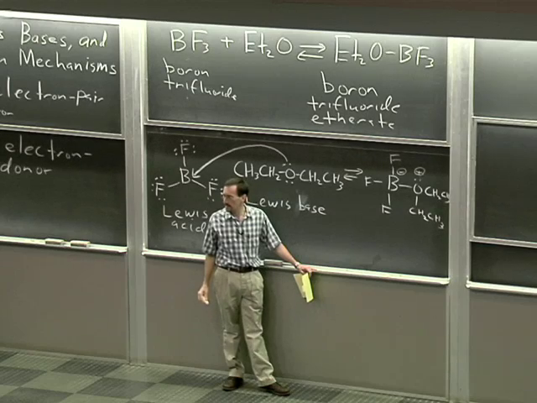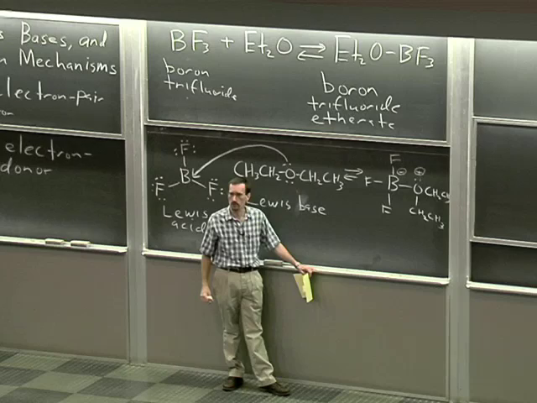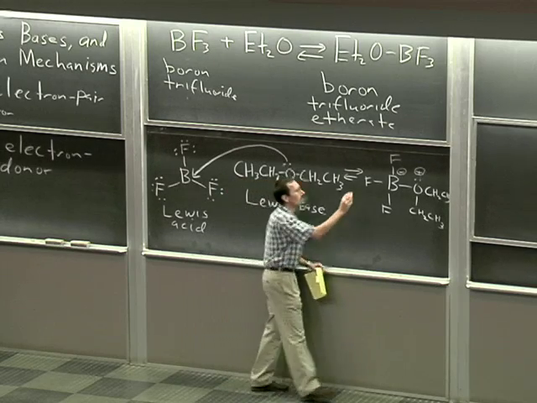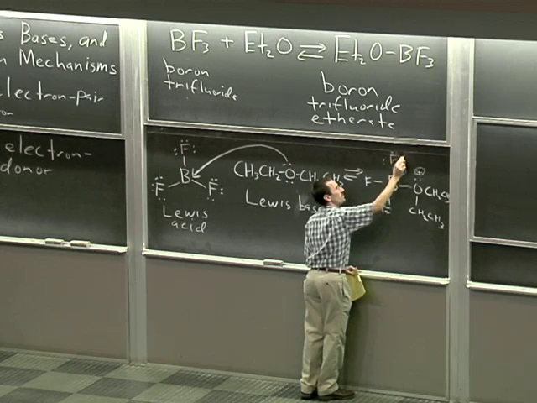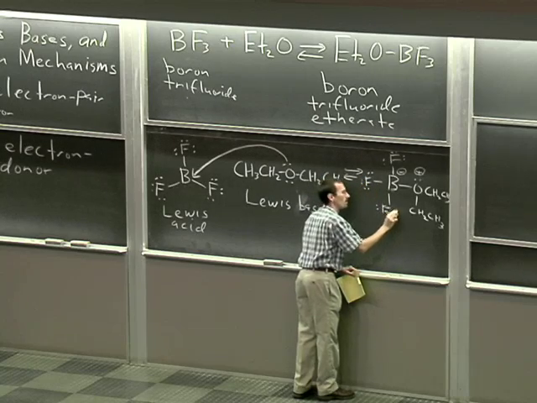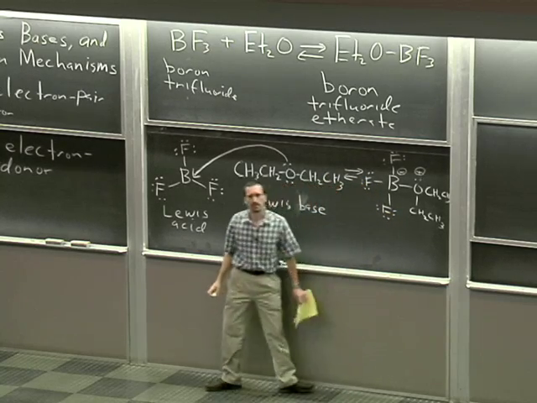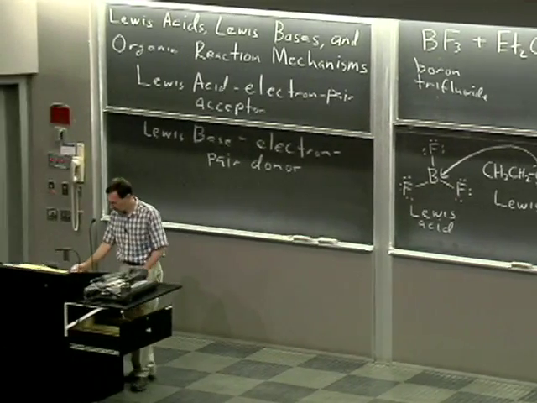We haven't created any overall charge. We started with 2 uncharged molecules. We end up with an uncharged species. And I'll complete my drawing by being a good person and putting in my lone pairs of electrons on the fluorine. Thoughts or questions?